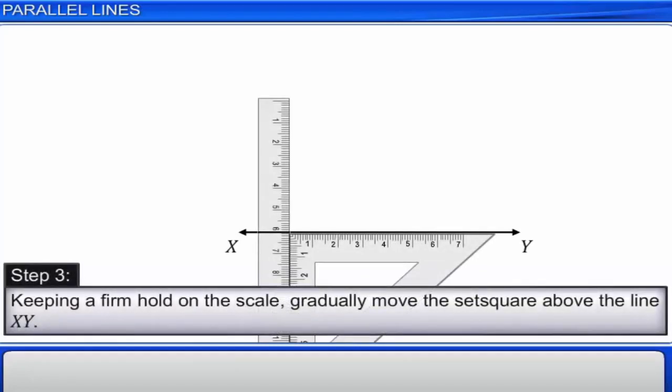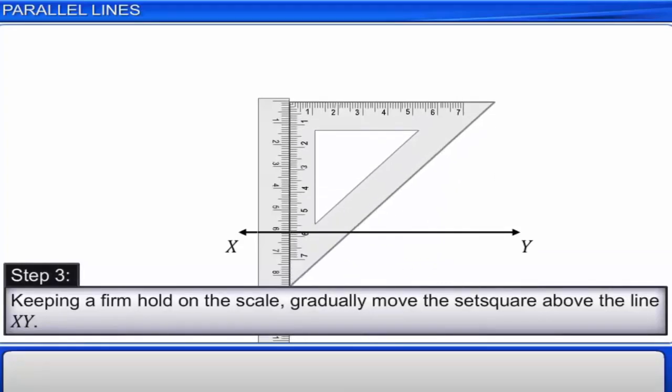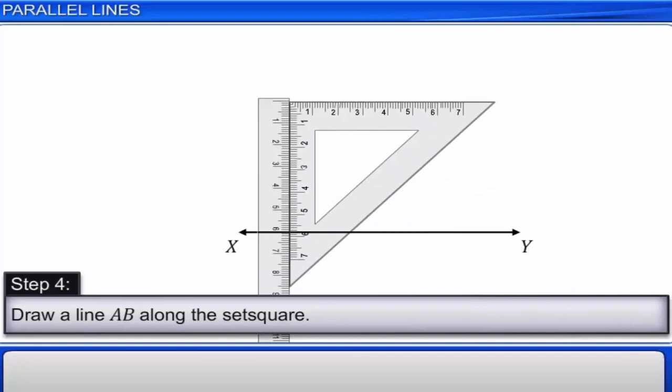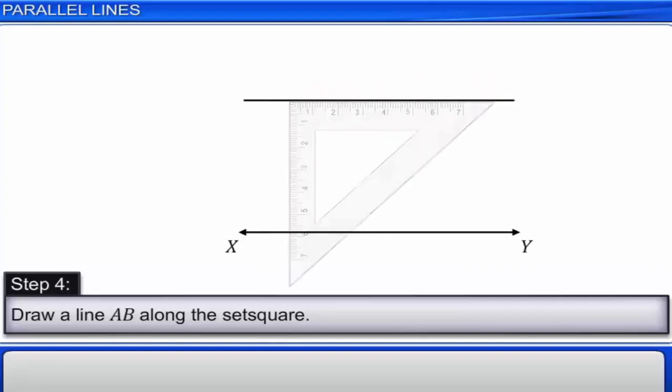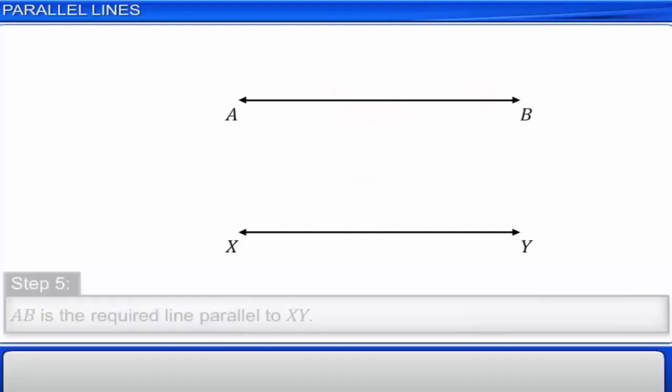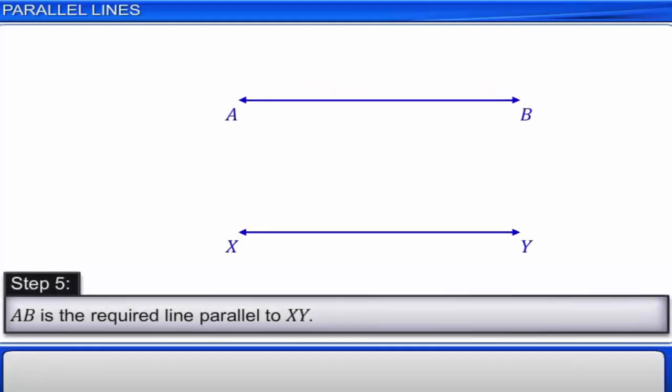Keeping a firm hold on the scale, move the set square upward as shown. Now, remove the scale and draw a line AB along the set square. Thus, AB is the required line which is parallel to XY.